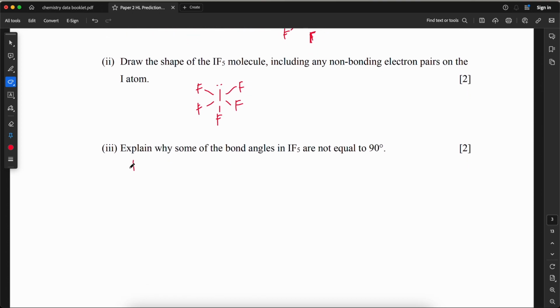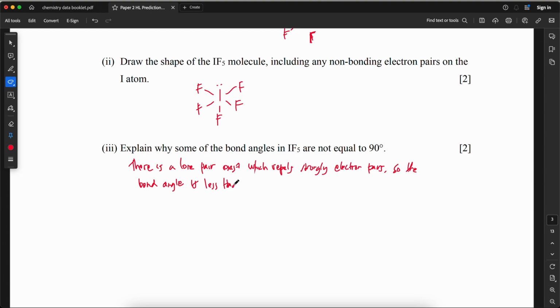Because there is a lone pair which repels strongly the bonding electron pairs, so the bond angle is less than 90 degrees.